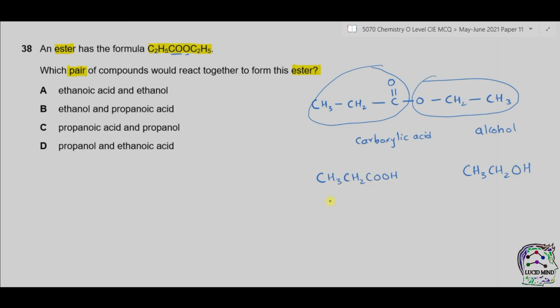The 3-carbon carboxylic acid is called propanoic acid, and the 2-carbon alcohol is called ethanol. Therefore, answer is part B.